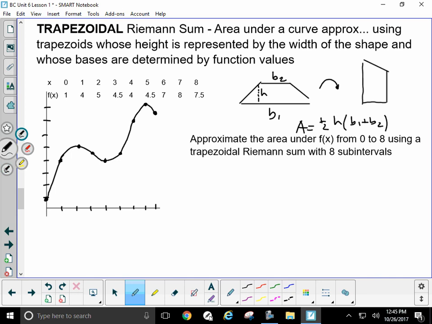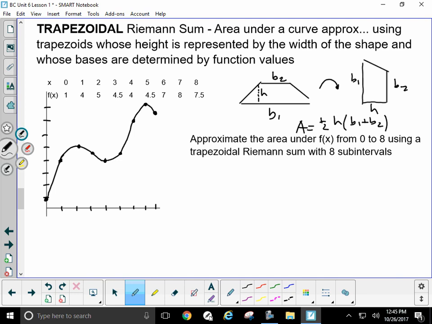It's a trapezoid. Now when I shift it this way, the height ends up down here, and my B1 ends up over here, and my B2 ends up here. So that B1 and B2 end up being kind of like heights, as we know, going up and down. And the height is now like our width going left and right.